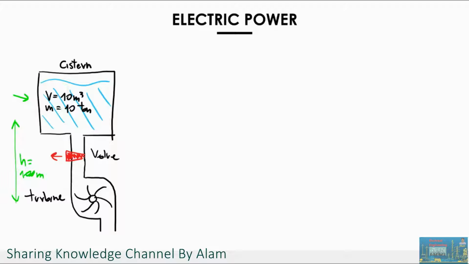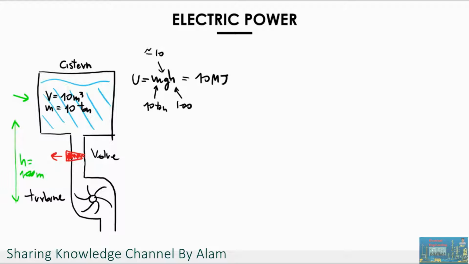Now the energy, U, is equal to mgh, where g is the gravitational acceleration, which is roughly equal to 10. So if you substitute, the mass is again 10 tons, g is about 10, and h is about 100. So in the end, what you get is about 10 megajoules.